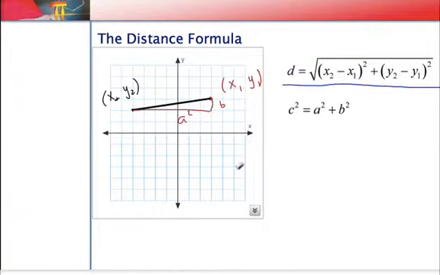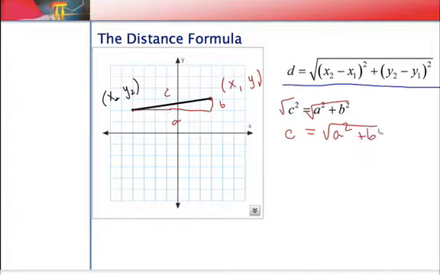But we know that a squared plus b squared is equal to c squared, right? If I wanted to solve this for c, I would take the square root of both sides. We'd get c is equal to the square root of a squared plus b squared.